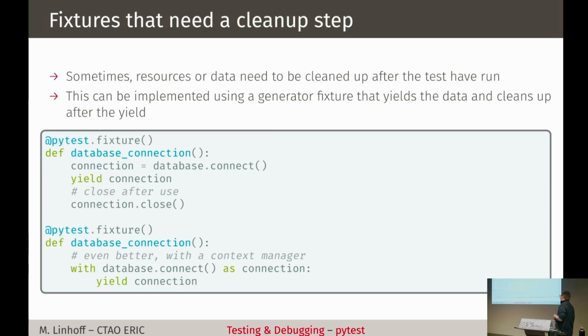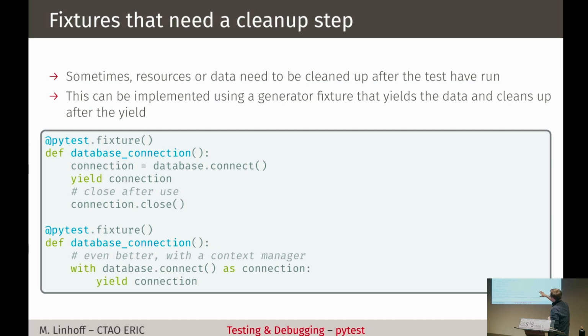And with external services or with resources in general, you often have to do cleanup steps, right? You acquire a resource, you use it, but then you also have to free it again. And if your test uses resources that need these kinds of cleanup steps, you can use a fixture that is basically a generator expression yielding what you need to use, and you do the setup before you yield.